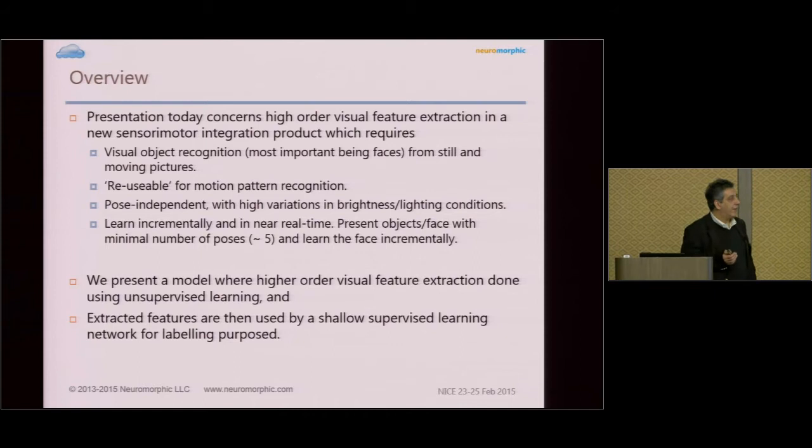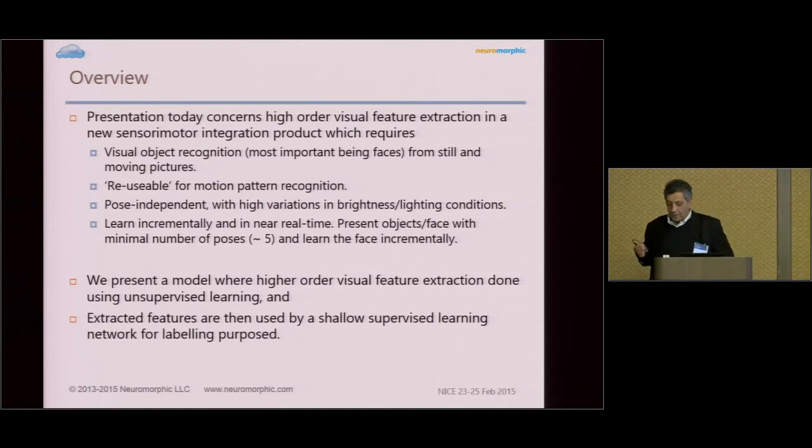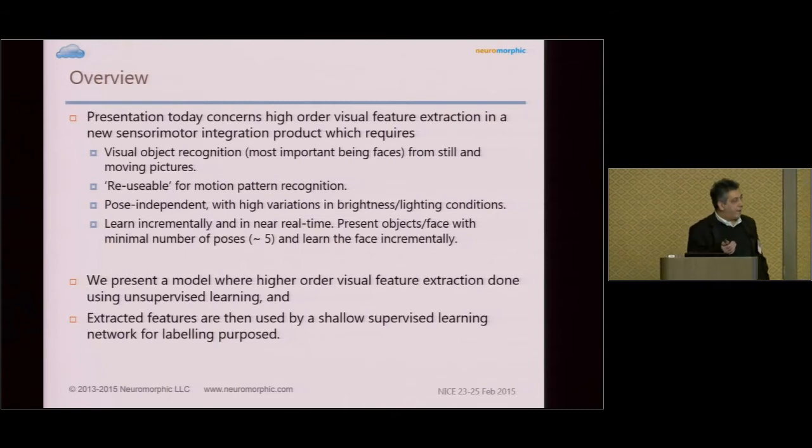The approach we have taken, which is biologically inspired, has a number of advantages, and I think some of them will become apparent during the talk. One of them is that it gives you pieces that can be reused for various tasks that you would like to do during sensory motor control.